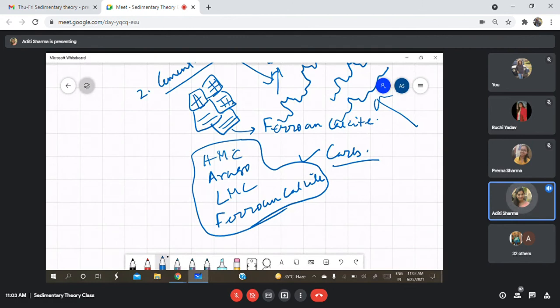So we take the help of what we call carbonate staining. What is carbonate staining? You color the carbonate, and depending on the mineral, different carbonate minerals take different colors, which helps us identify which carbonate I am looking at.